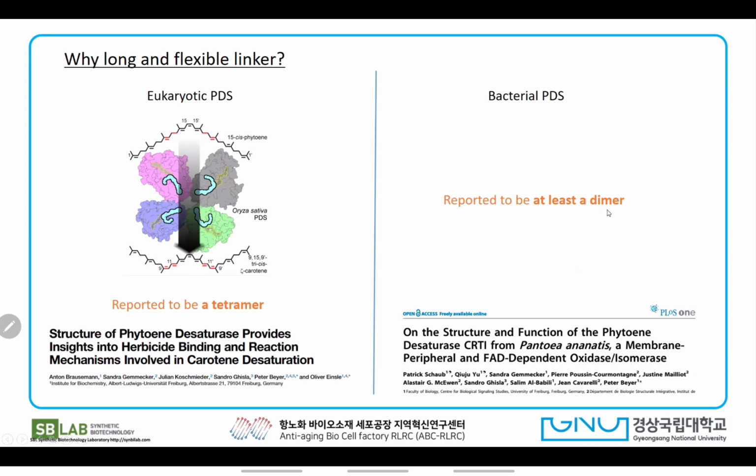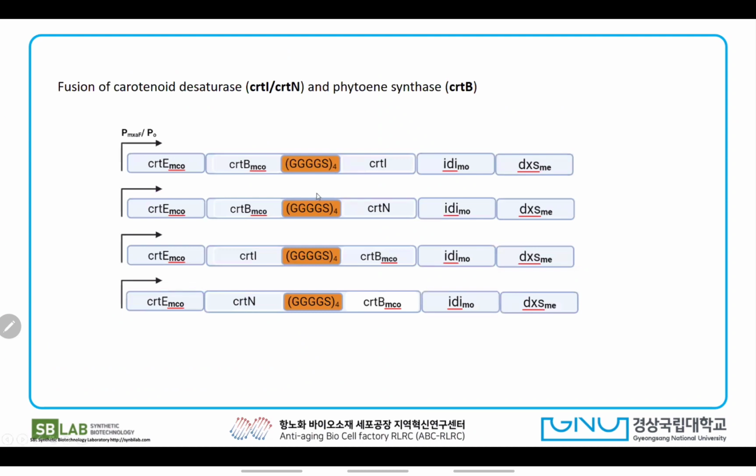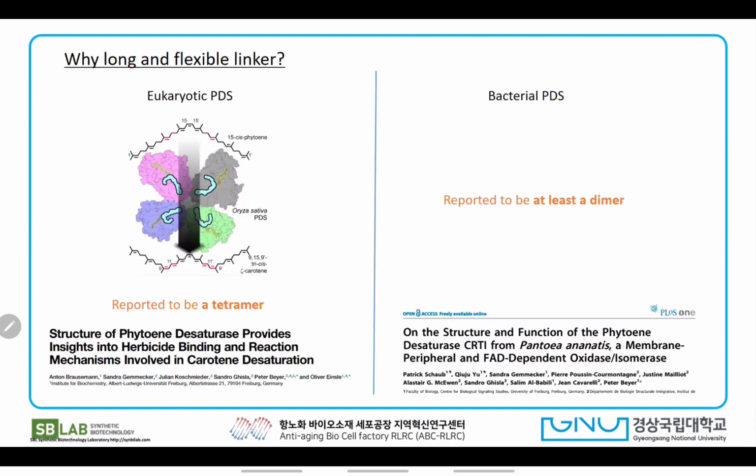So if our protein CRTI or CRTN needs to be a dimer for its function, then we thought that maybe this long and flexible linker might be more suitable compared to other shorter or rigid linkers.